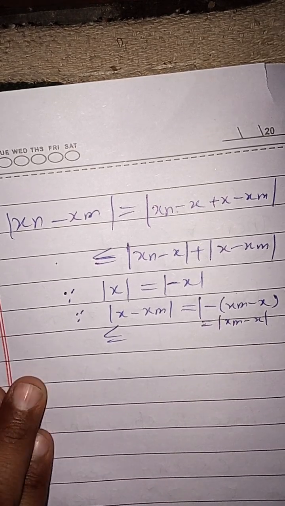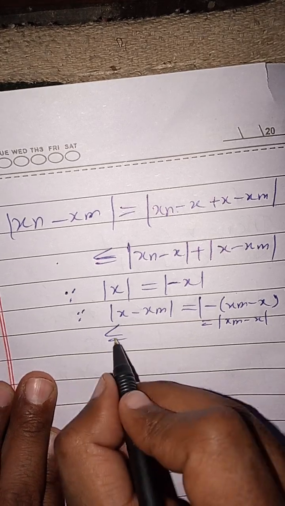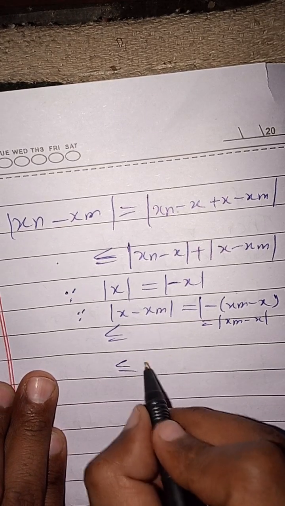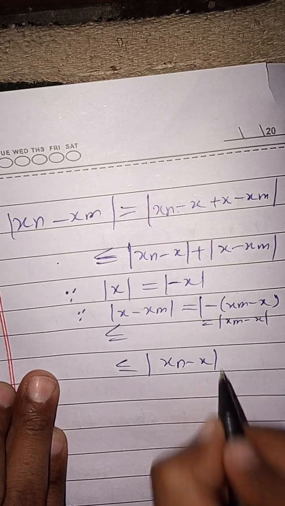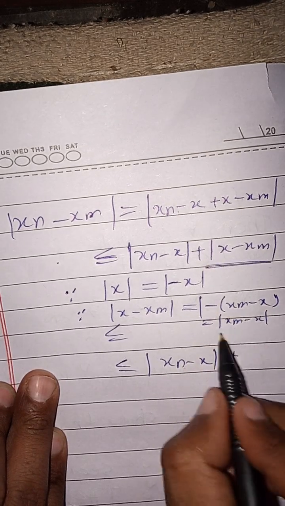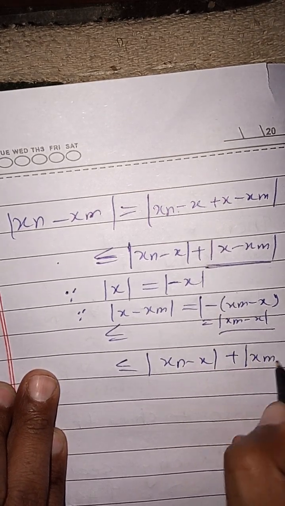So we can write |xn minus x| plus |xm minus x|.